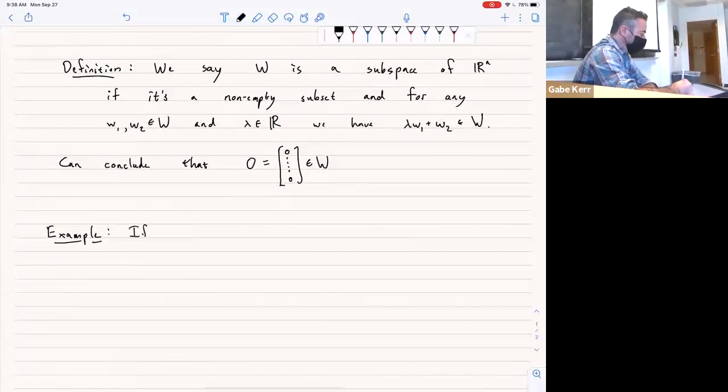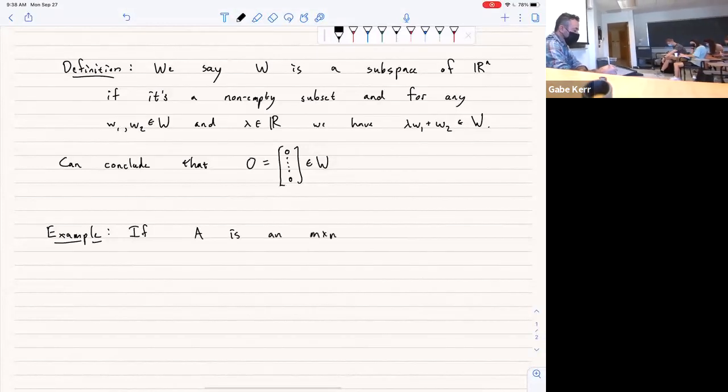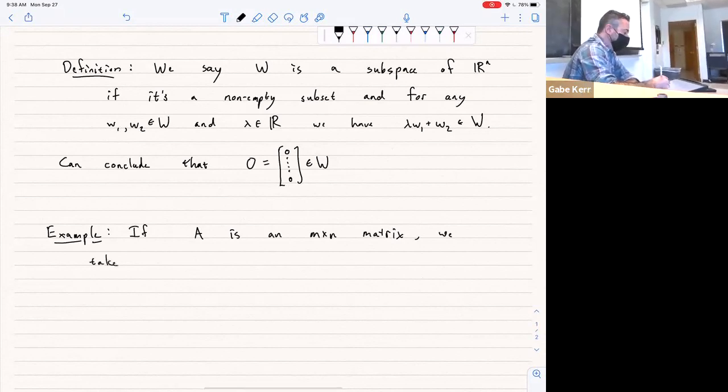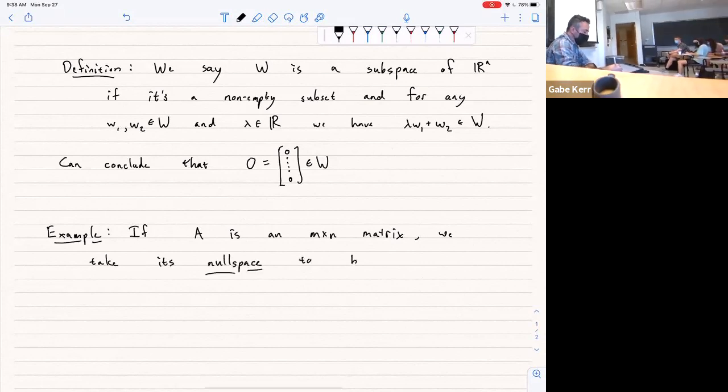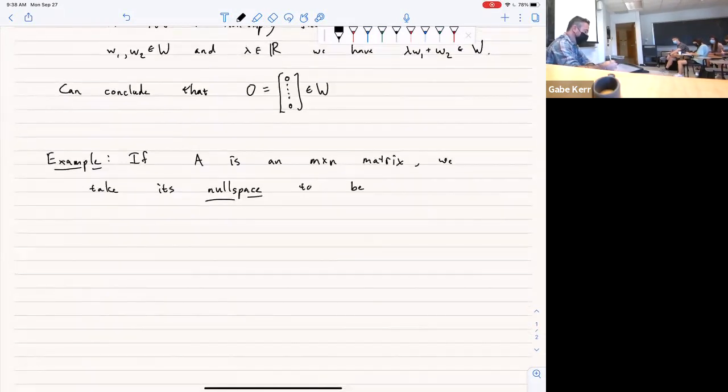Okay, so if A is an m by n matrix, we define the null space to be all vectors, let's call it x, in Rn, such that A times x equals the 0 vector.